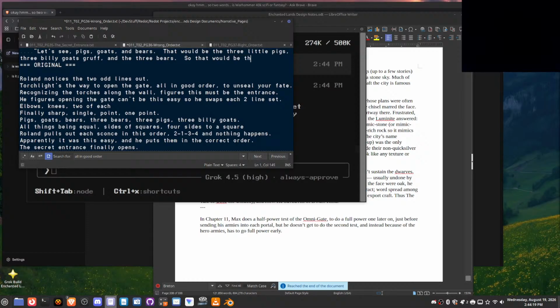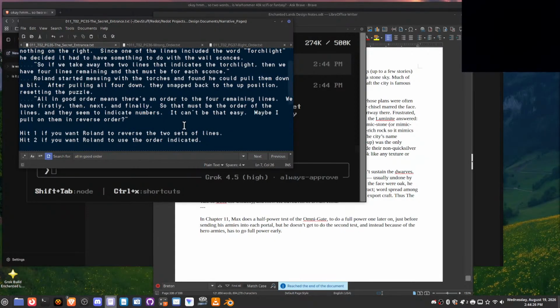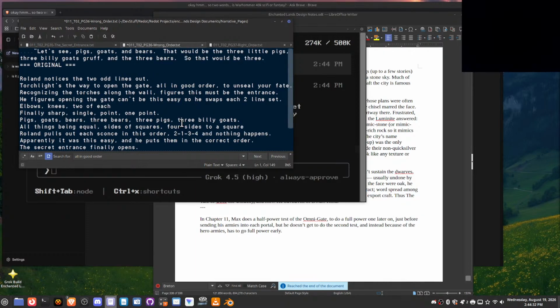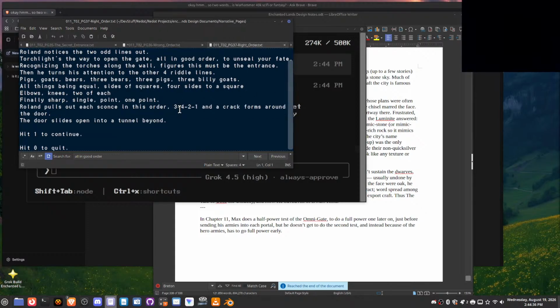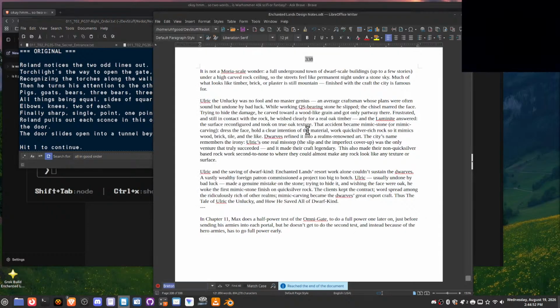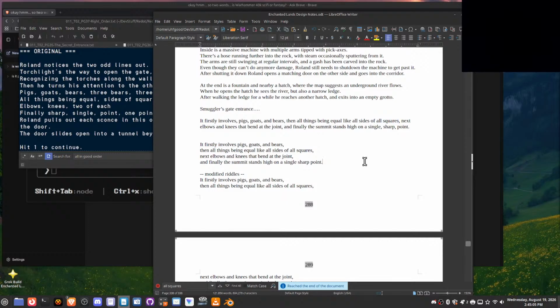So that would be 3. Okay. Goats and bears, 3 bears, 3 pigs, 3 billy goats, being equal, then all things were. I know I wrote down the thing in here.